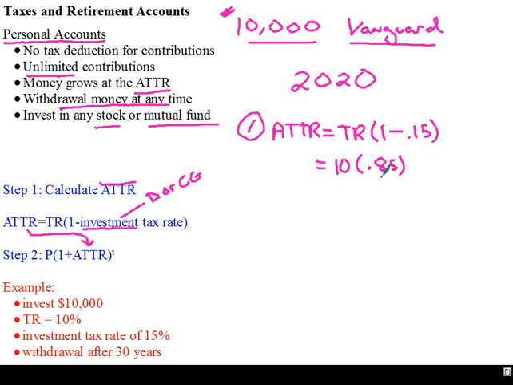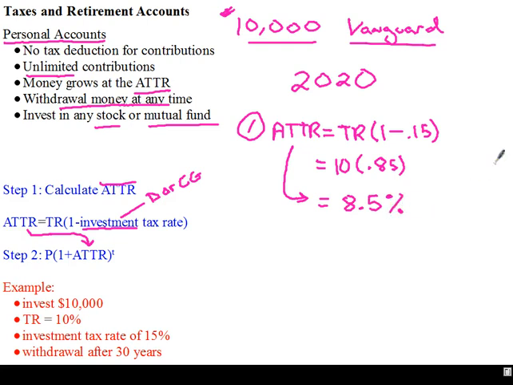Why am I keeping 85% of my 10% return? Because the government is taking the other 15%. So that gives me my after-tax total return.